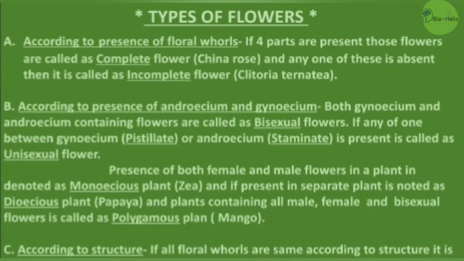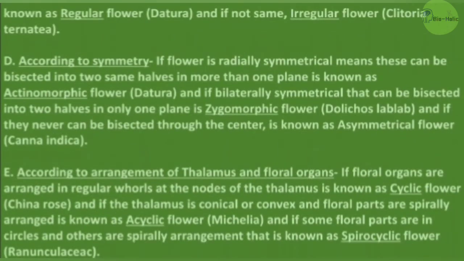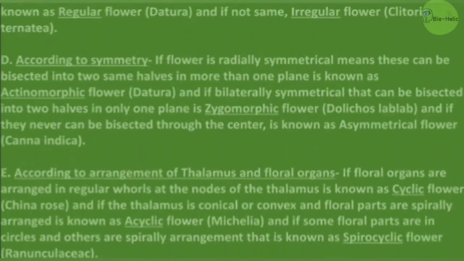According to structure, they can be regular and irregular. According to symmetry, they can be actinomorphic, zygomorphic, and asymmetrical. According to arrangement of thalamus and floral organs, they can be cyclic and acyclic and also spirocyclic.